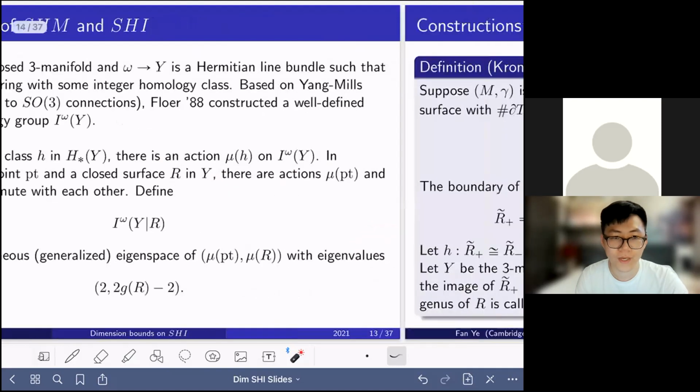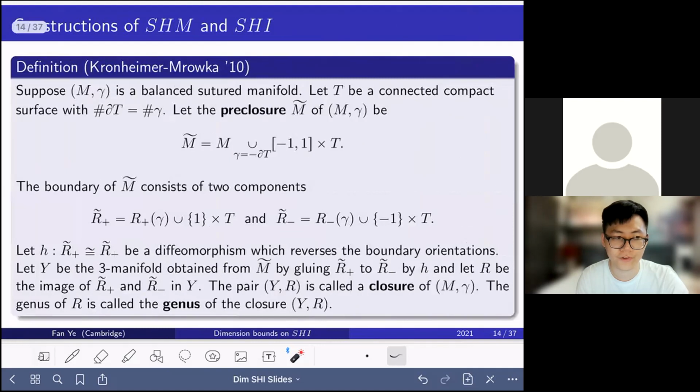Once we have a definition for HM of (Y, R) and also I_omega of (Y, R), we can construct SHM and SHI. The definition of closure comes from Kronheimer-Mrowka. Suppose (M, gamma) is a balanced sutured manifold.